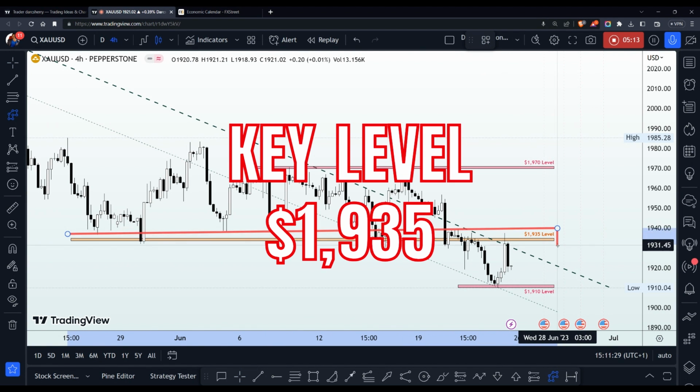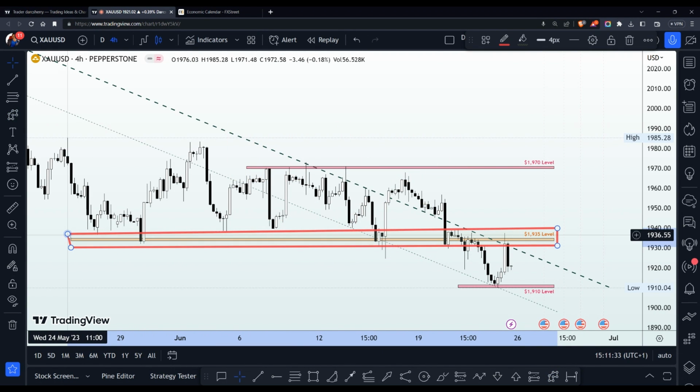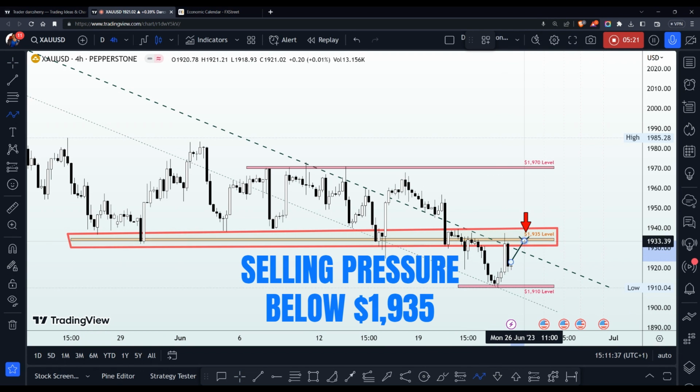And you know how we use our key levels in this community. As long as price remains below the key level, if the continued selling pressure happens here, we will have no other choice than to look out for selling opportunities, whether for the breakdown of the 1910 level, which happens to be the lowest point price action got to throughout last week, to maximize the bearish momentum to the downside.